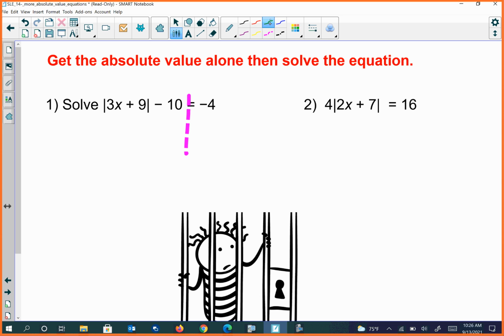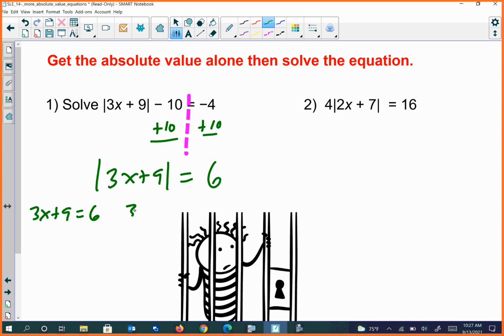So I get the absolute value of 3x plus 9 is equal to 6. This says we have two solutions. So 3x plus 9, no absolute value sign, equals 6, and 3x plus 9 is equal to negative 6.